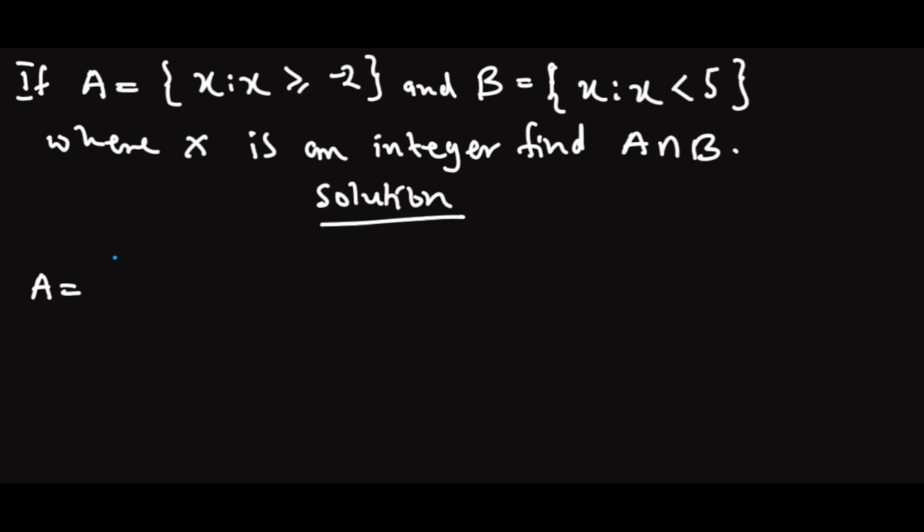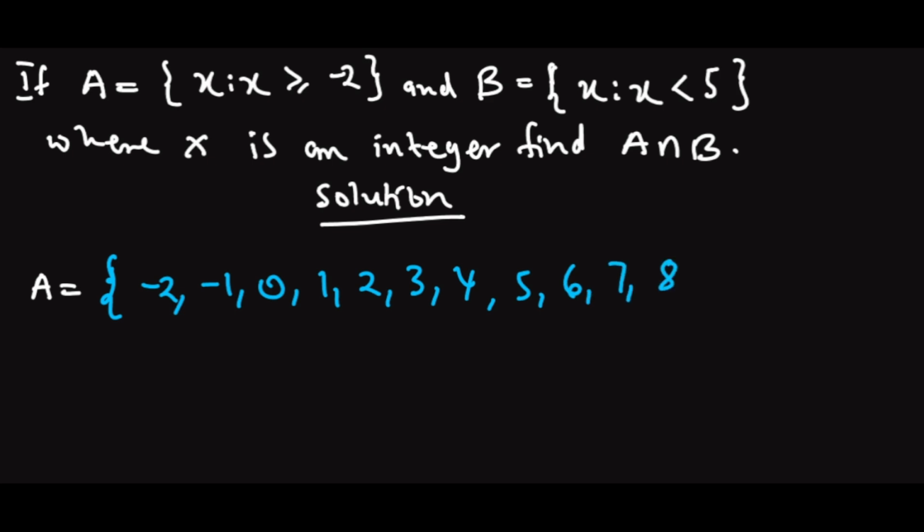So we start from -2, then we move on to -1, then 0, then 1, then 2, 3, 4, 5, 6, 7, 8, and so on. Then we move on to B. B is going to be equal to, from here we can see that we are supposed to list all the integers less than 5.